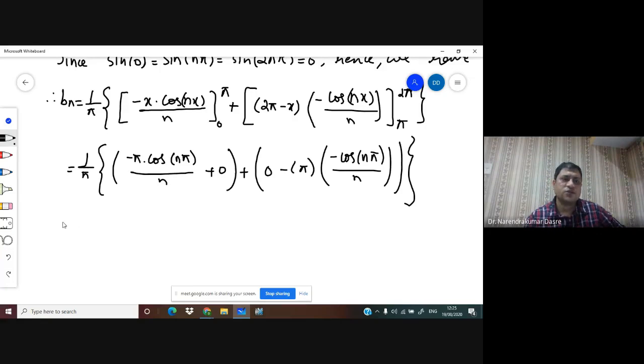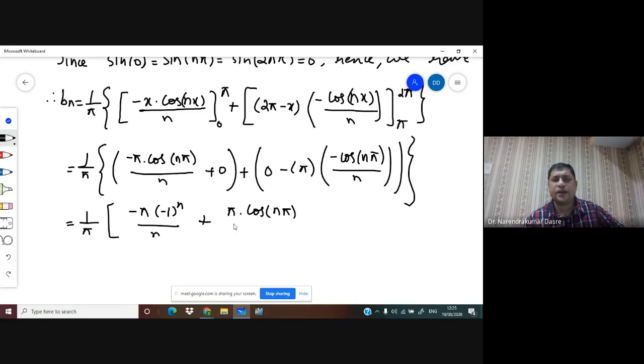Okay, so simplify this. 1 upon pi, then this is minus pi times minus 1 raised to n upon n. So this minus and this minus will become plus, and we have pi into cos of n pi upon n.